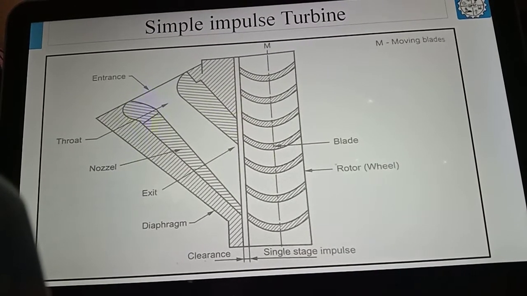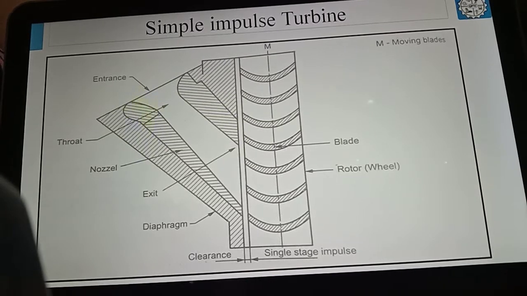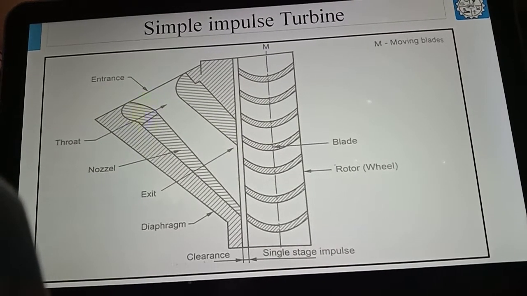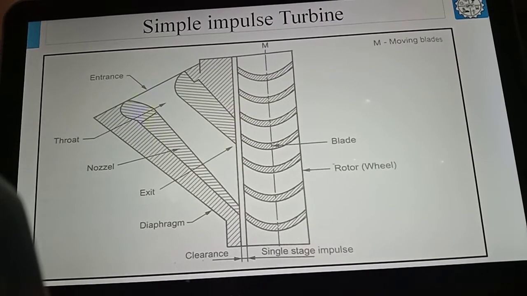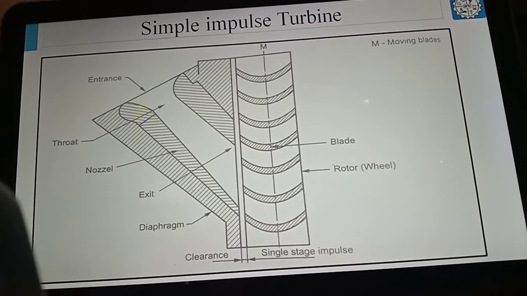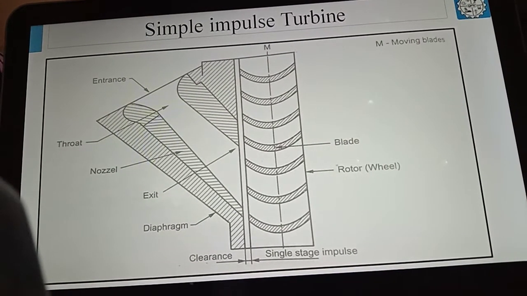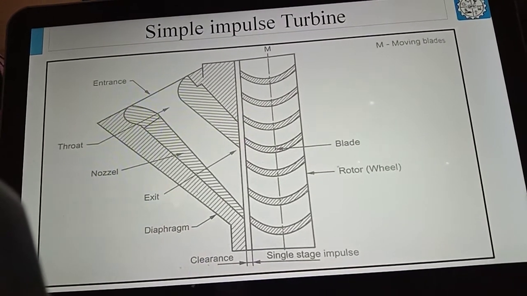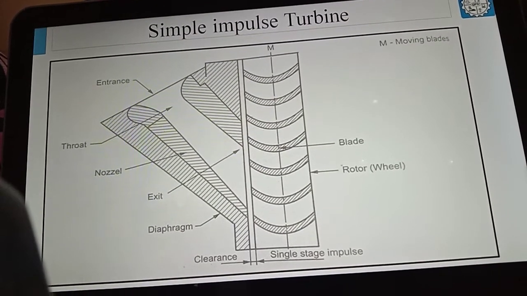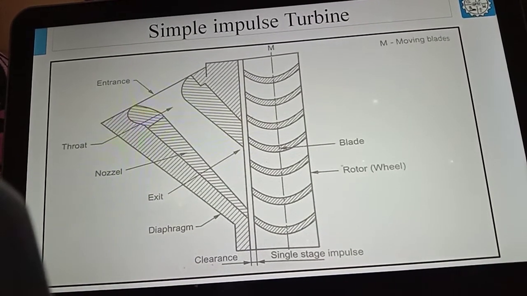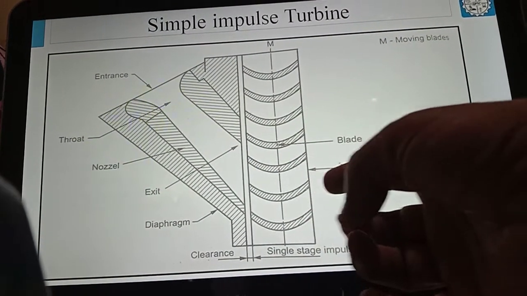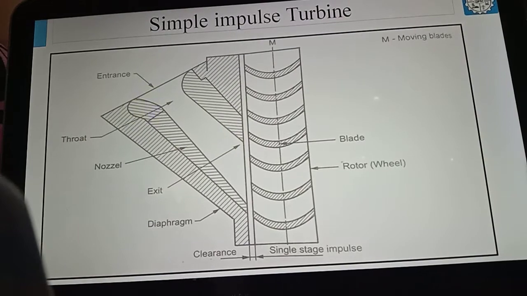So in this simple impulse turbine, you can see the entrance, then the nozzle, exit, then clearance, then single stage. This is a single stage impulse turbine, and these are the blades. This is a rotor, or we can also call it a wheel.